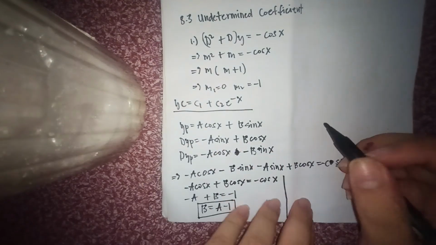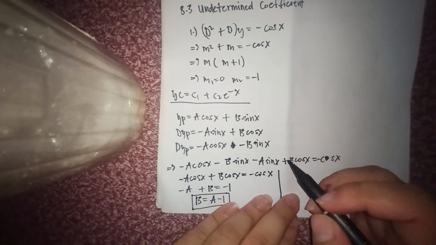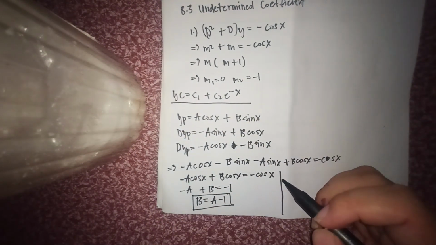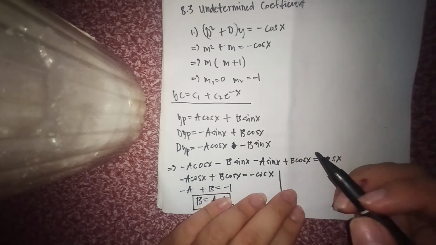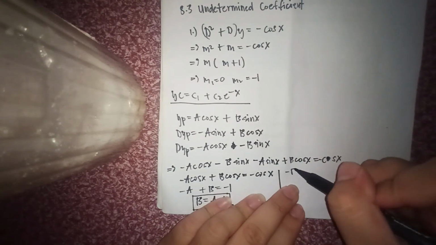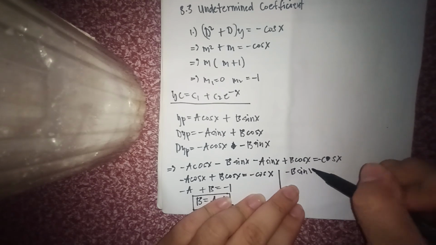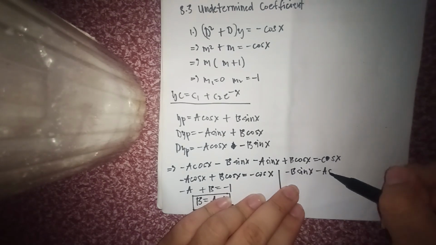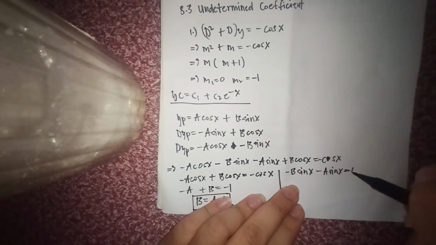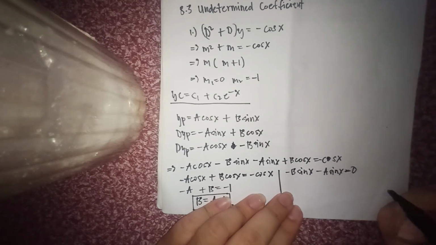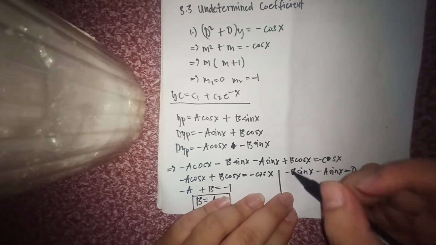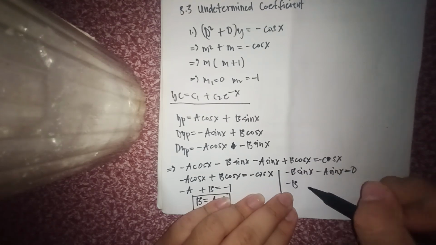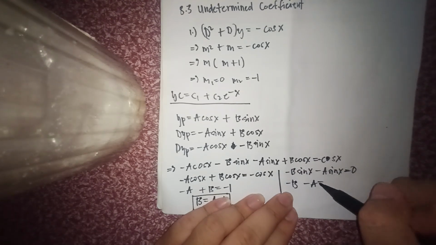Next is another like terms: negative b sine x minus a sine x is equal to 0. So multiply both sides by 1 over sine x. So we have negative b minus a is equal to 0.